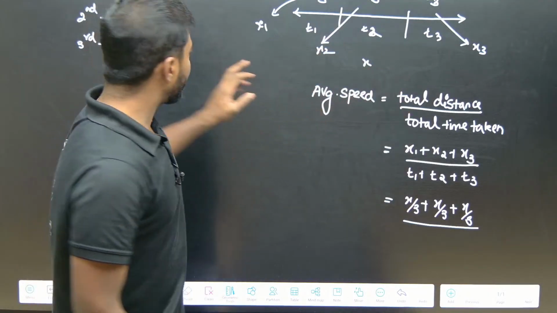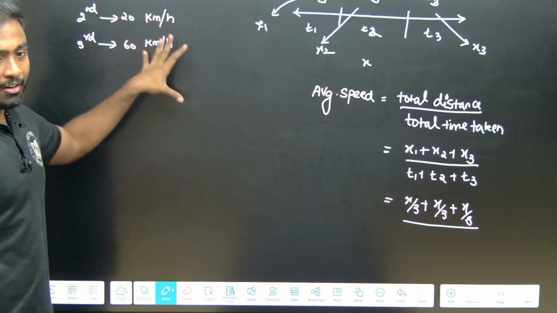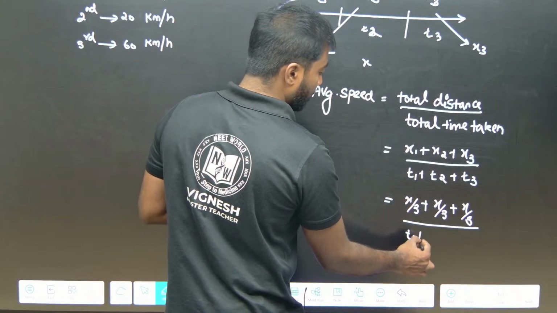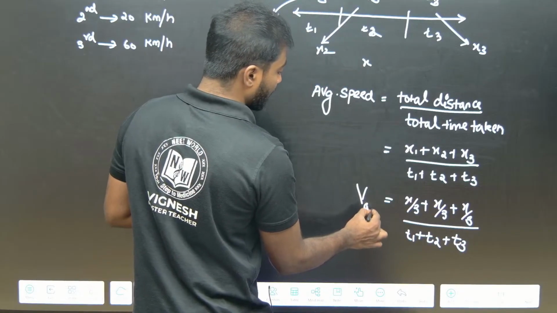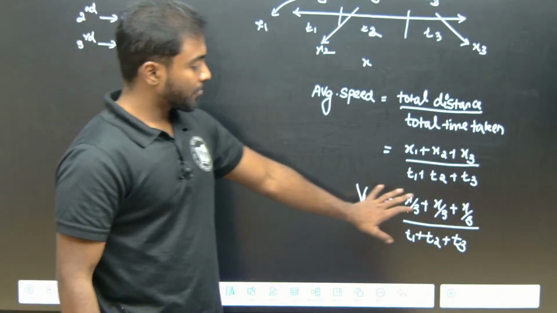However, when we see the 10 kilometer, 20 kilometer, 30 kilometer, 60 kilometer per hour, obviously time will be different, right? So t1 plus t2 plus t3, this is V average. Okay, fine, V average, this much we have got.